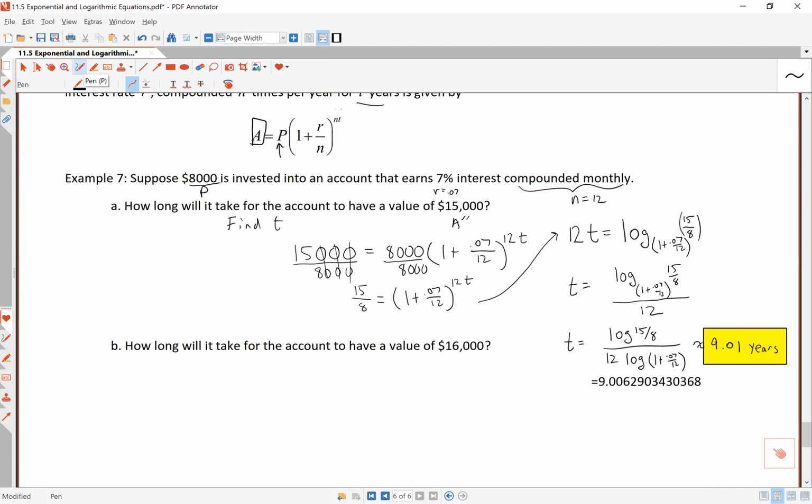Letter B asks how long it takes for 8,000 to go to 16,000, or how long it takes to double. We want to find t so that our $8,000 grows to 16,000 this time under the same interest rate, same number of compoundings. This time, we want the 8 to grow to 16, so when we divide by 8,000, we get 2.